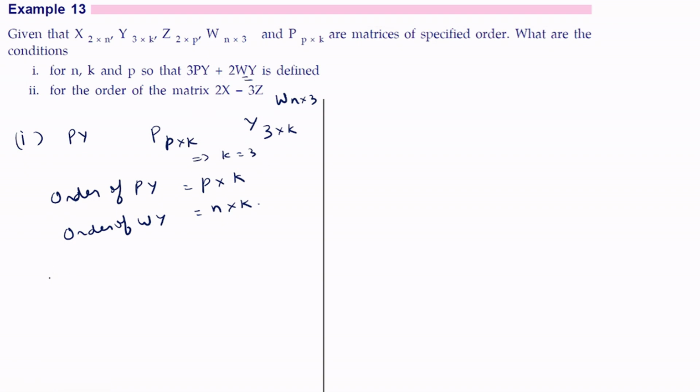So for 3PY plus 2WY to be defined, we need to have the order of PY equal to the order of WY, or we should have p equal to n.